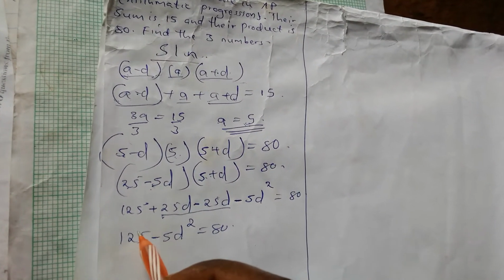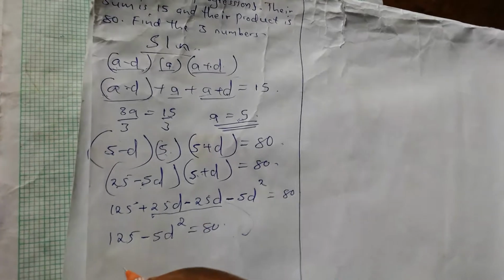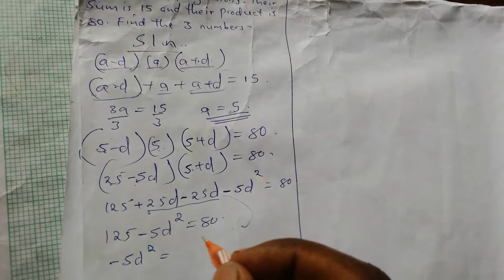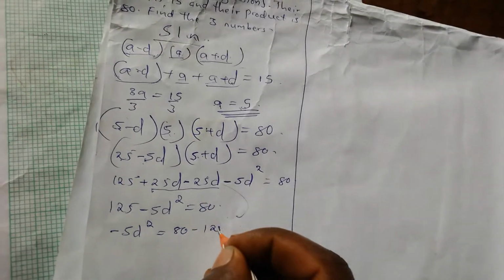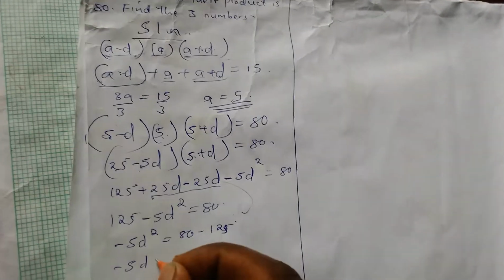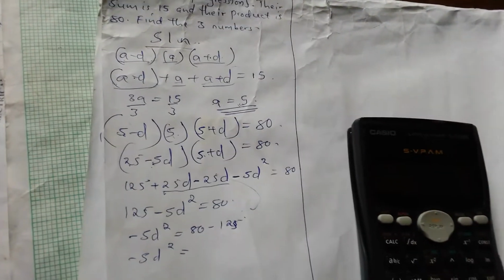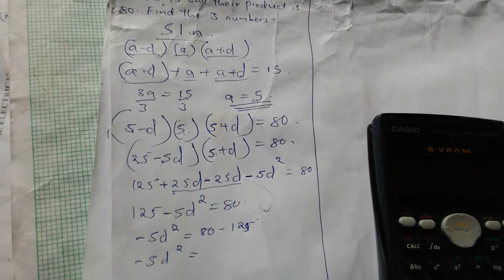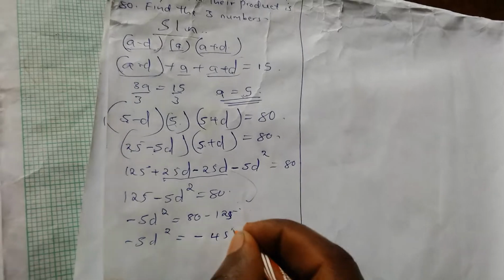From there, you just take this one to the other side. So here you are just going to remain with negative 5D squared is equals to 80 minus 125. 80 minus 125, we're just going to remain with negative 45.